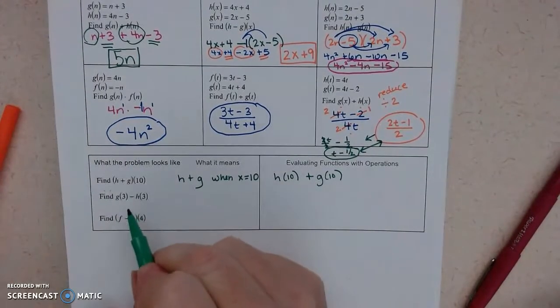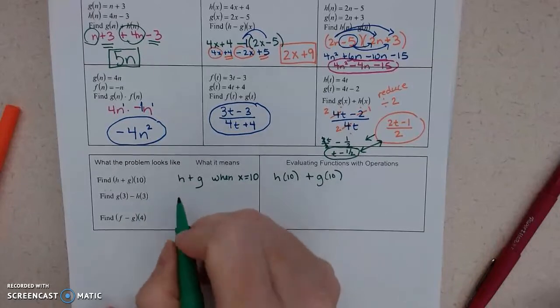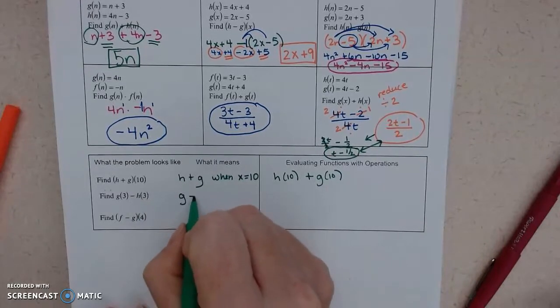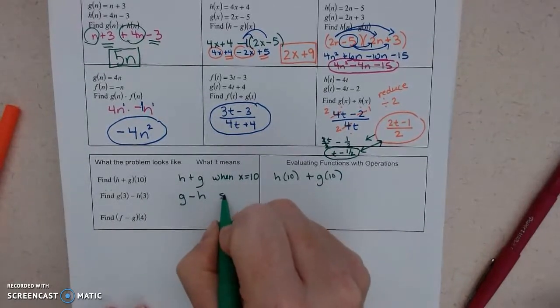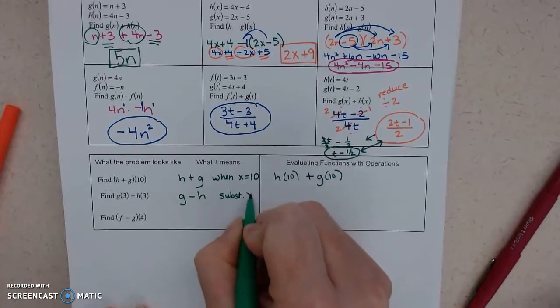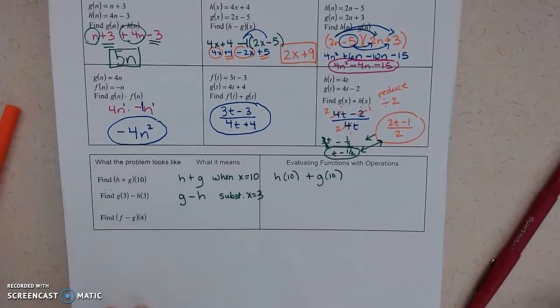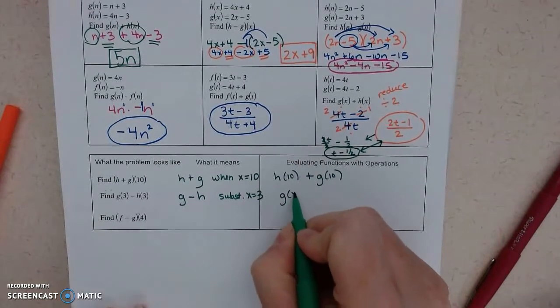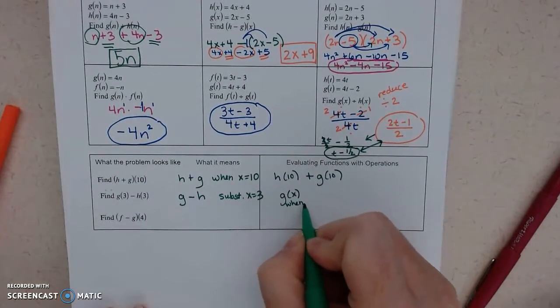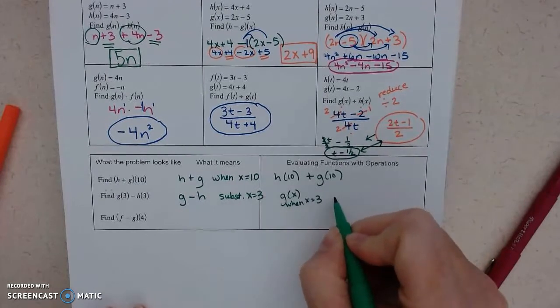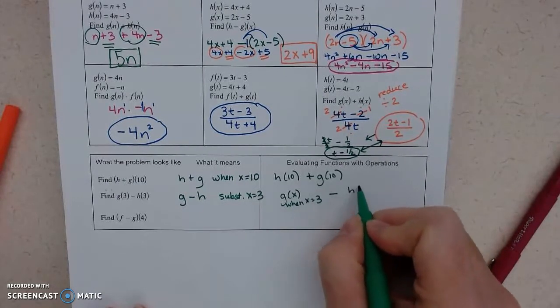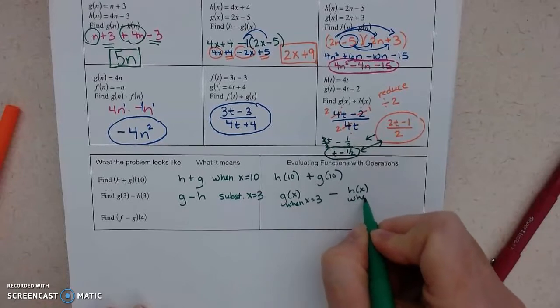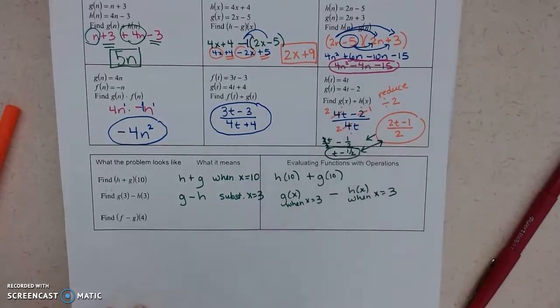So same thing. Here, that means I can also do g minus h first, and then I can substitute x equals 3. Or I could do them separately. Substitute, find g of x when x equals 3, and we subtract, find h of x when x equals 3.